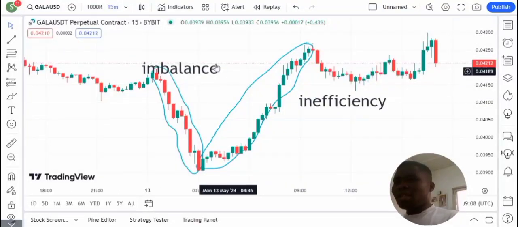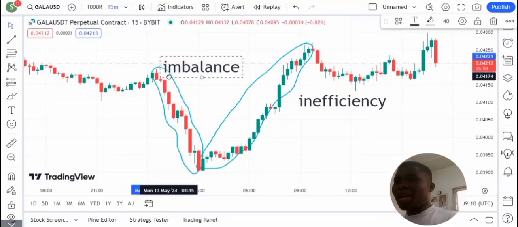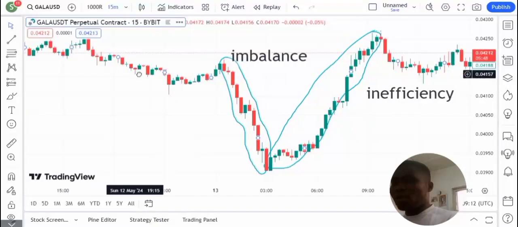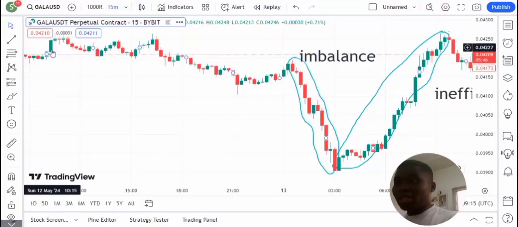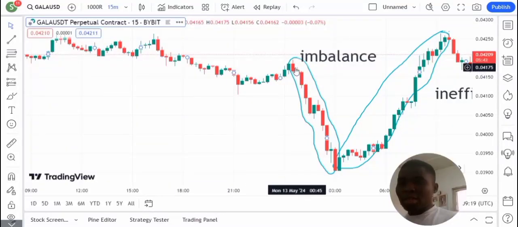Now look from here. Price goes from here, from this bullish candle, to here. You understand? All these things are called imbalance.